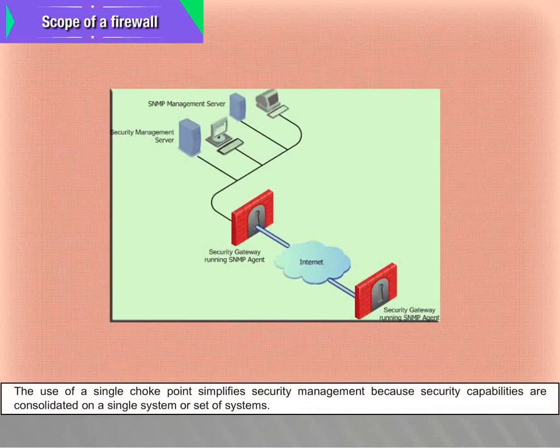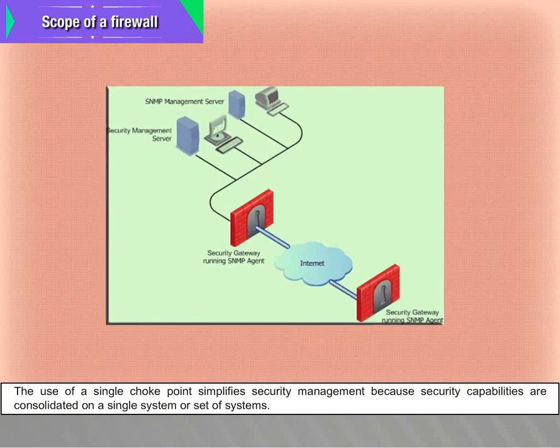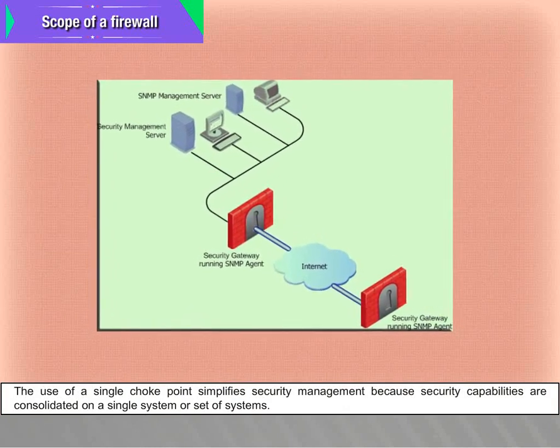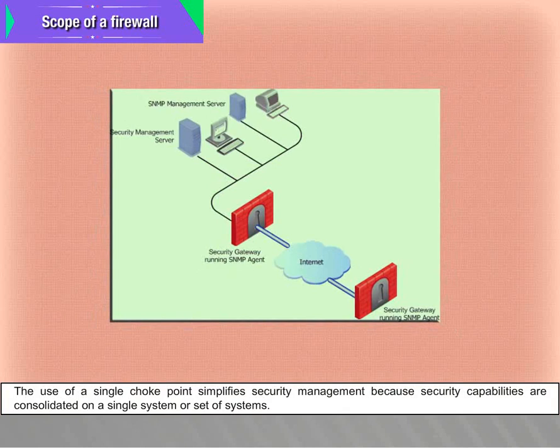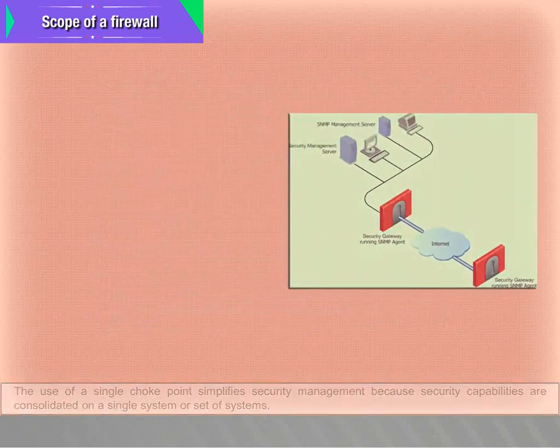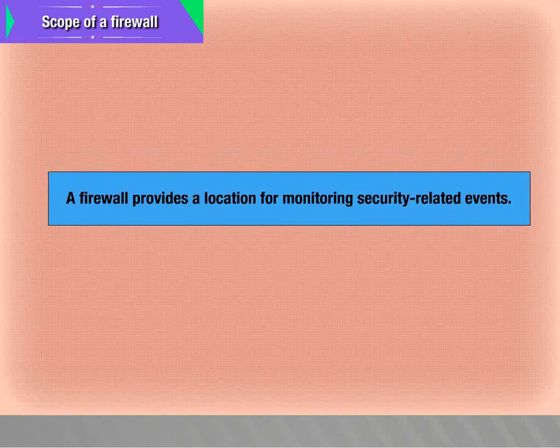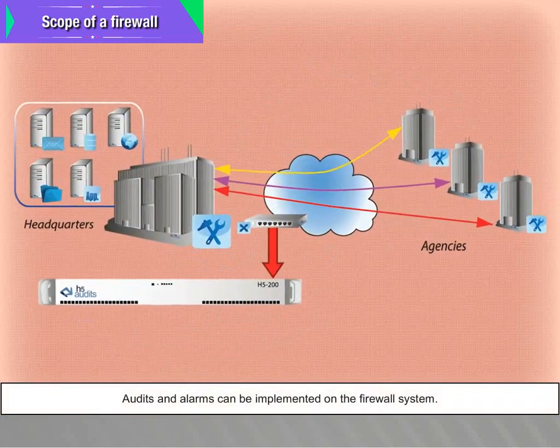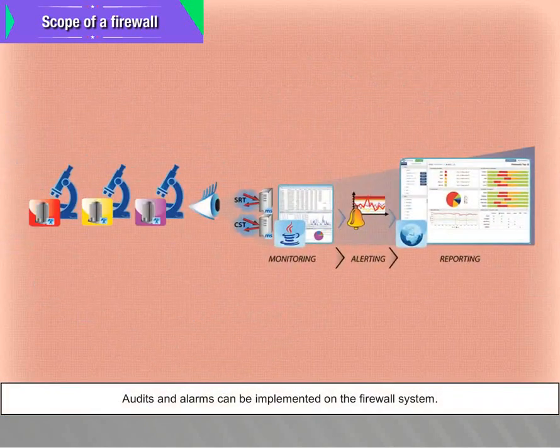The use of a single choke point simplifies security management because security capabilities are consolidated on a single system or set of systems. A firewall provides a location for monitoring security-related events. Audits and alarms can be implemented on the firewall system.